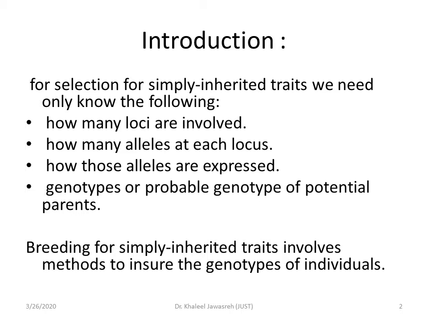expression of the alleles, I can give you an example related to the Khaleel gene. The Khaleel gene inheritance is totally different from Mendelian inheritance. It is also called polar overdominance. This type of expression is totally complicated.